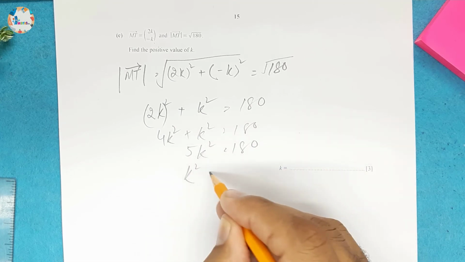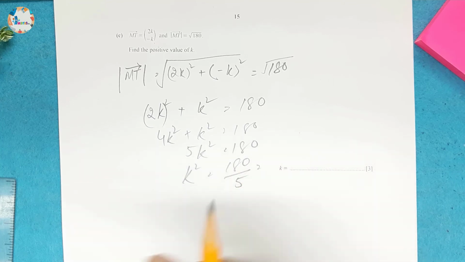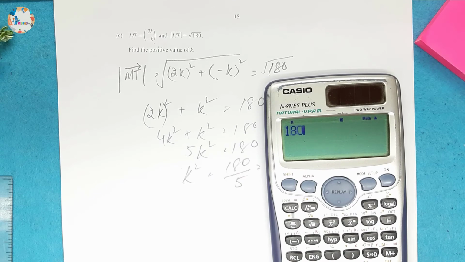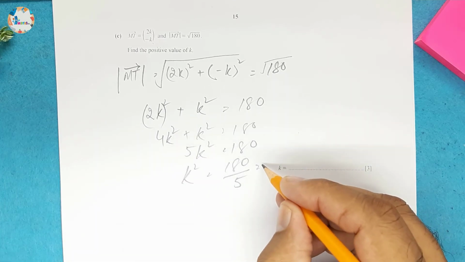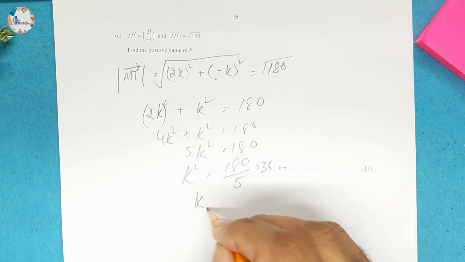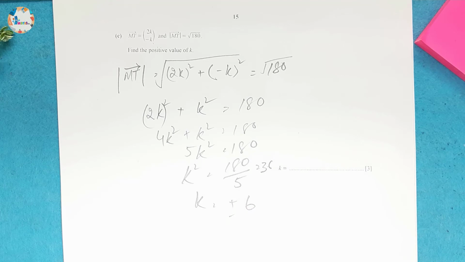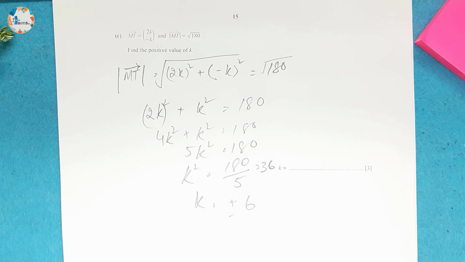So K squared will be equal to 180 divided by 5. 180 divided by 5 will be equal to 36. So K will be equal to plus minus 6. And for the value of K we can take the positive value, which is 6, which is the final answer.